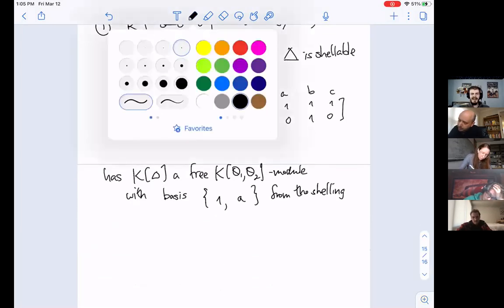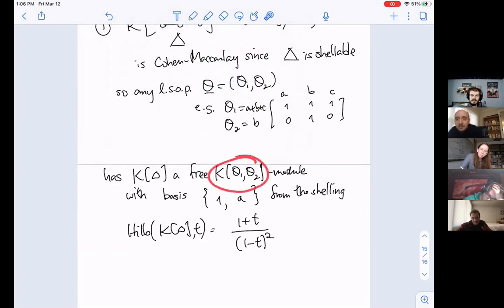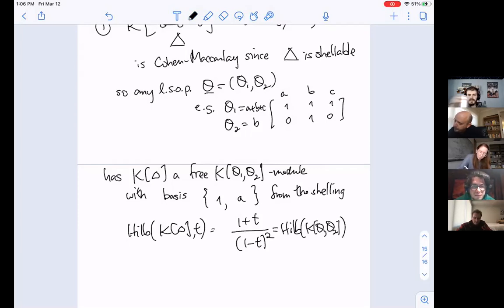As we saw, this means that the Hilbert series of k[delta] is going to be 1 plus t, because this thing's of degree 0 and this thing's of degree 1, times the Hilbert series of the subalgebra generated by theta 1 and theta 2.